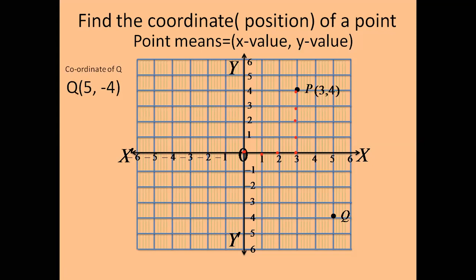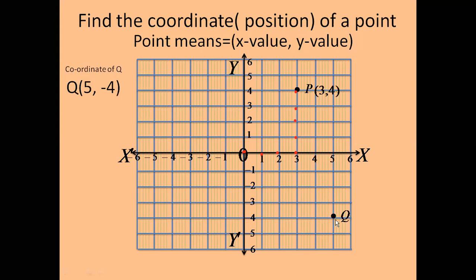So y value may be upper or may be down. It will always be vertical. Vertical means, you know, either upper or down. Okay, be careful. Again, first of all you have to go for the x-axis or x value. So x value is 5, then we have to go for the y value.